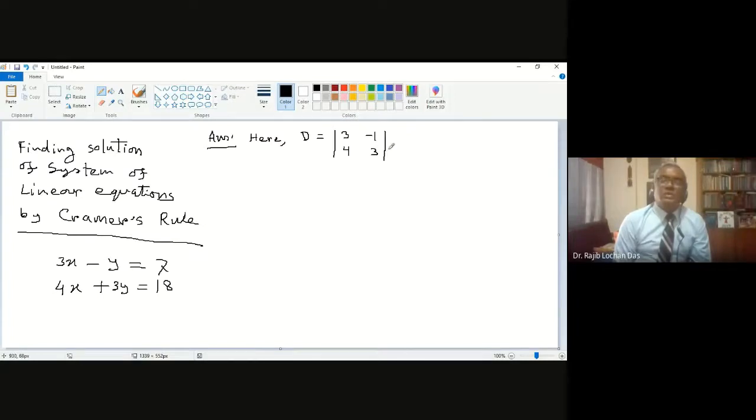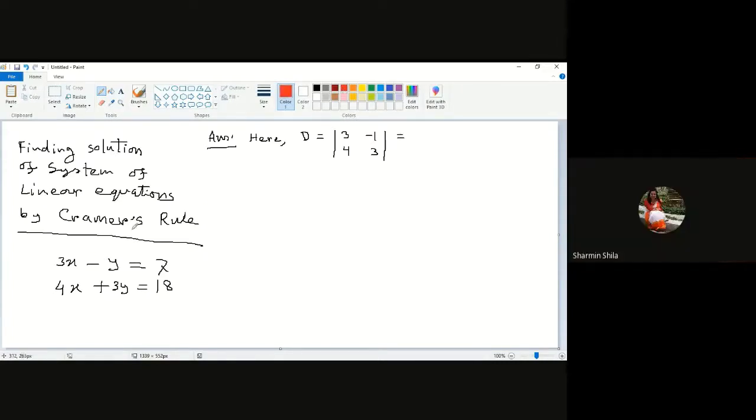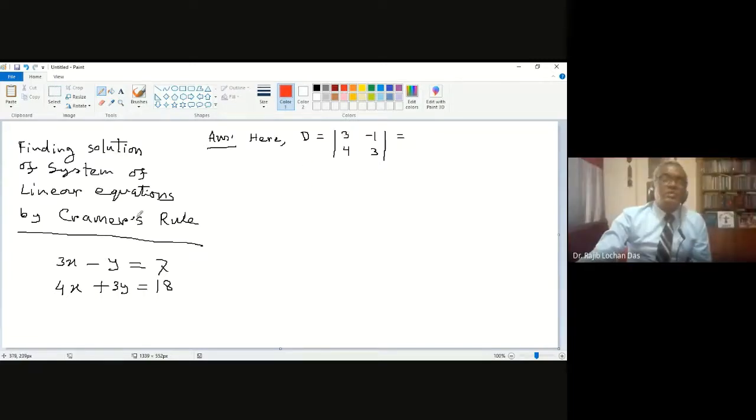So this is our determinant D. Why is it 3, minus 1, 4, 3? It is the numbers with x and y.